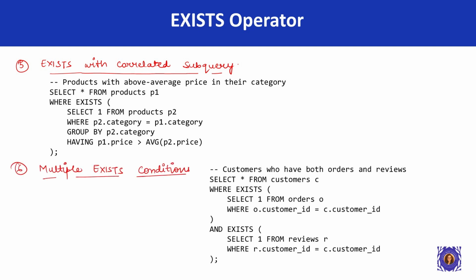You can combine multiple exists conditions using an and to check for complex relationships. For example, to retrieve customers who have both placed orders and submitted reviews, you would include two separate exists clauses, one to check for the existence of orders and another to check for the existence of reviews for that customer_ID.